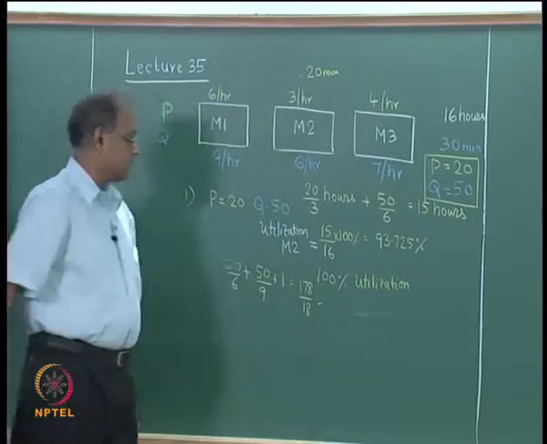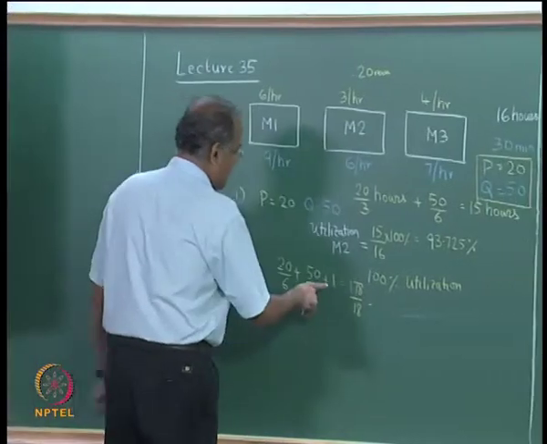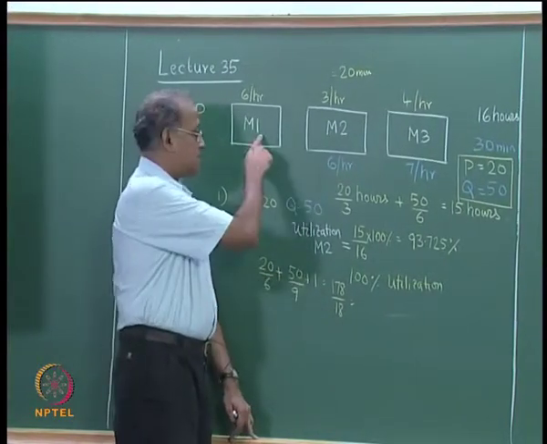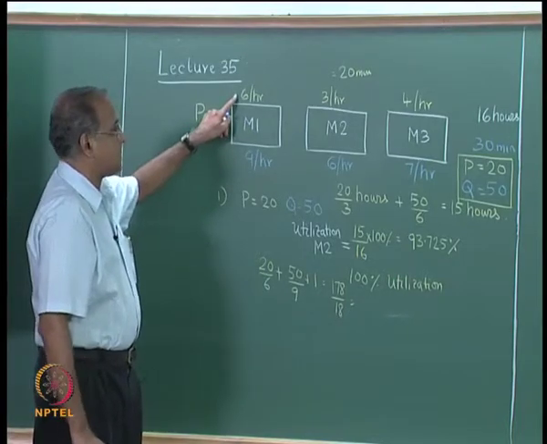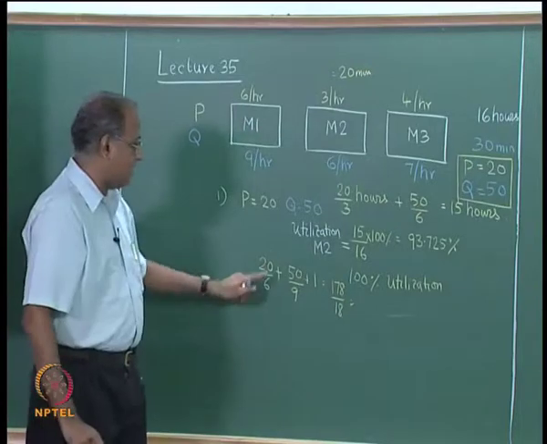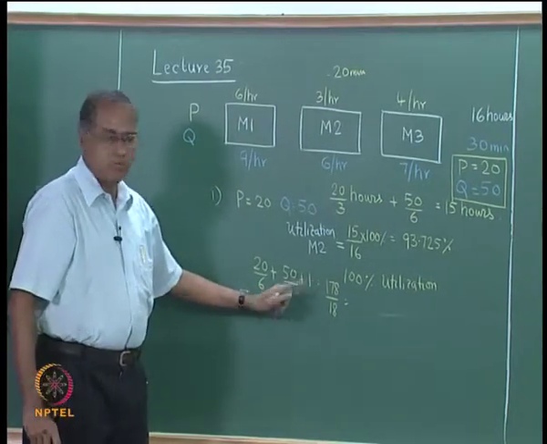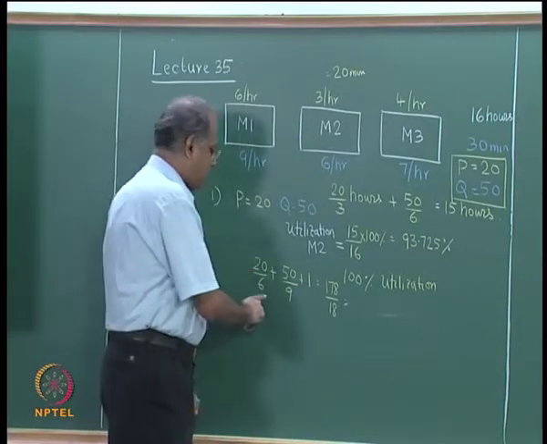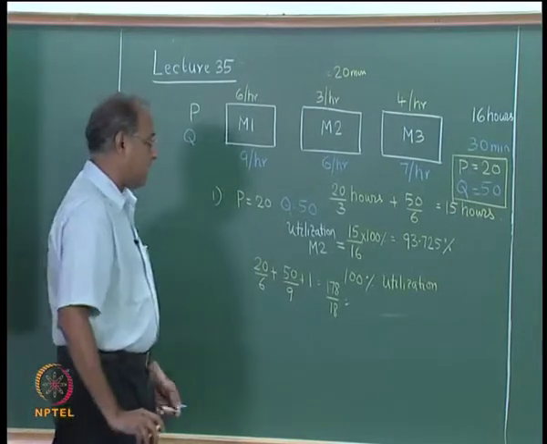If we include the changeover time of 1 hour on this, because this can produce at 6 per hour, then to produce 20 units, this will require 20/6, 50/9 plus 1 hour on changeover. So, this would give us 60/18 plus 100/18 plus 1, which is 178/18.